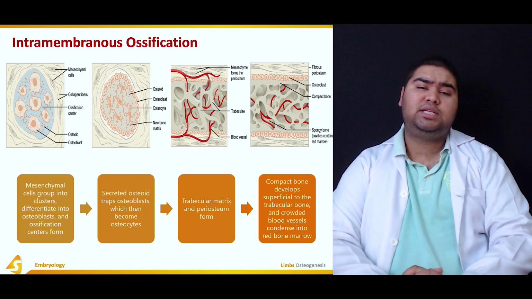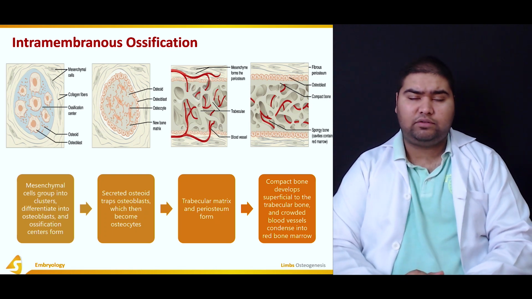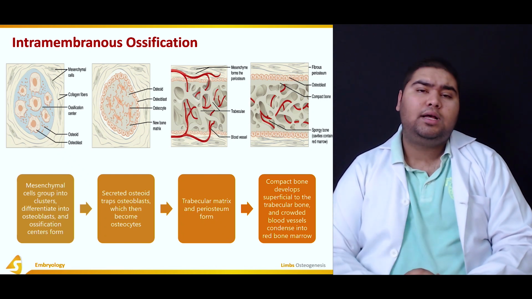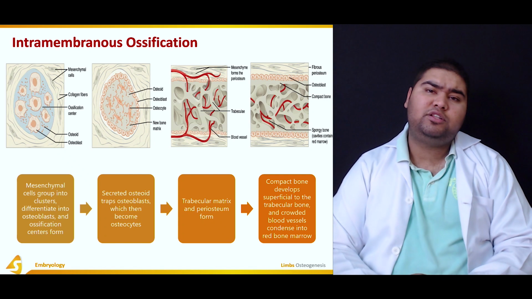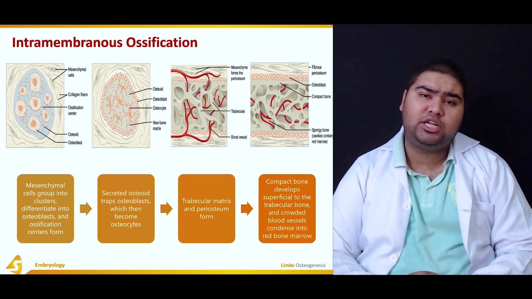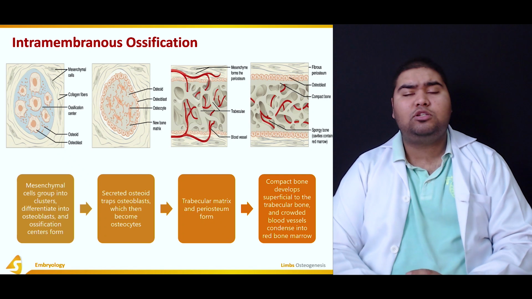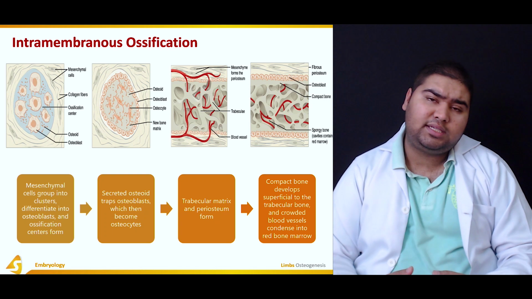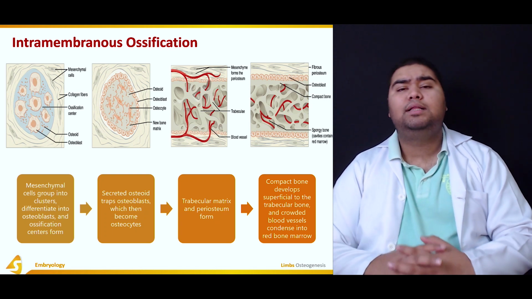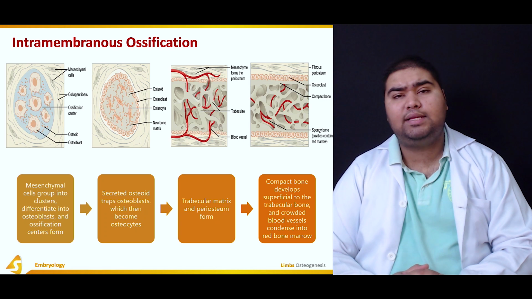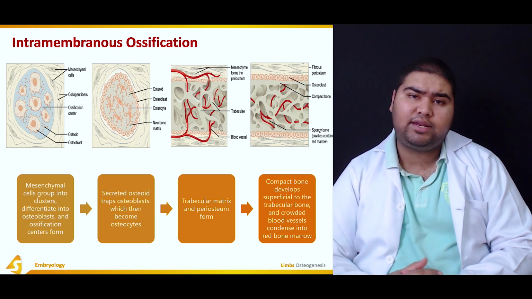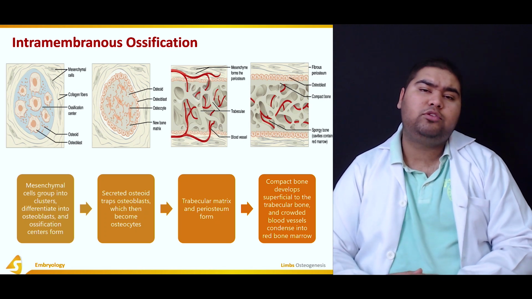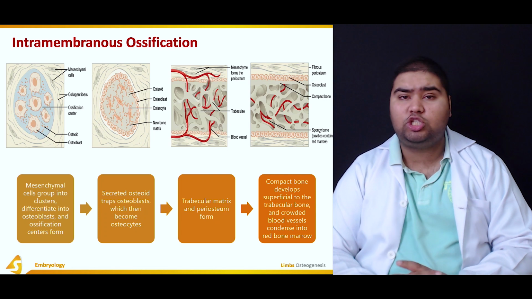So there are four steps in intramembranous ossification. First of all, the mesenchymal cells arrange themselves. After arranging, some of the cells form a cluster and differentiate into osteoblasts. These osteoblasts now secrete osteoid and ossification centers have been formed. Now, in the second step, these osteoblasts secrete osteoid and become embedded in the osteoid to form the adult bone cell, which is the osteocyte.